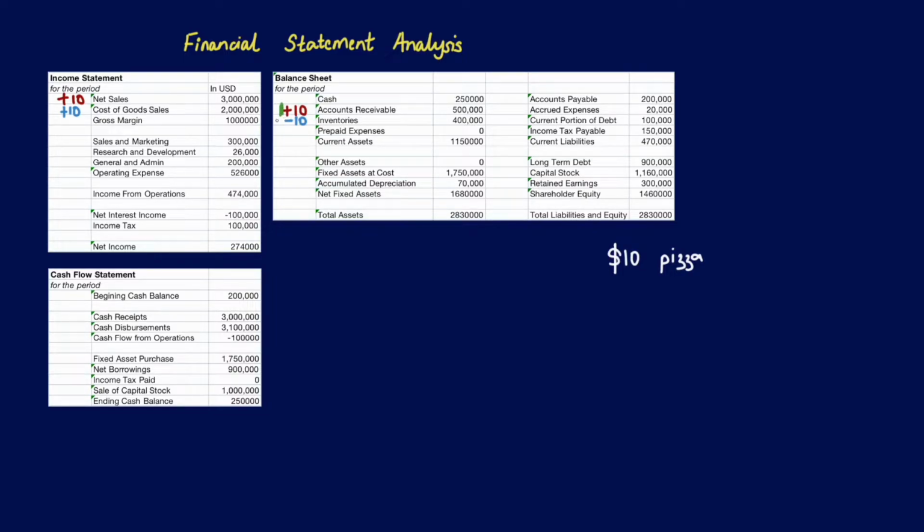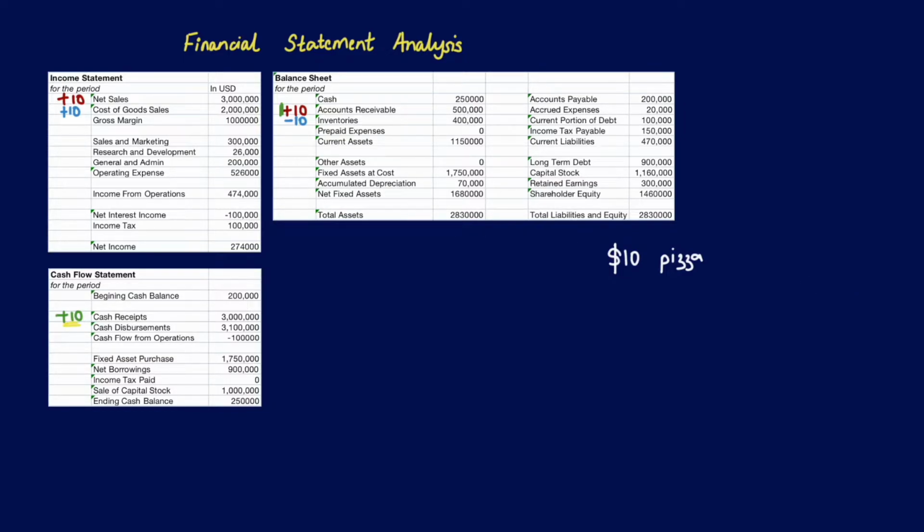So your accounts receivable has moved in and you've got a plus 10 on your cash receipts. If you can remember the cash flow video that we put out, your cash receipts are basically money inflow, so the money that comes into you. $10. Now, again, you've made a sale and the cash receipts gone up by $10.